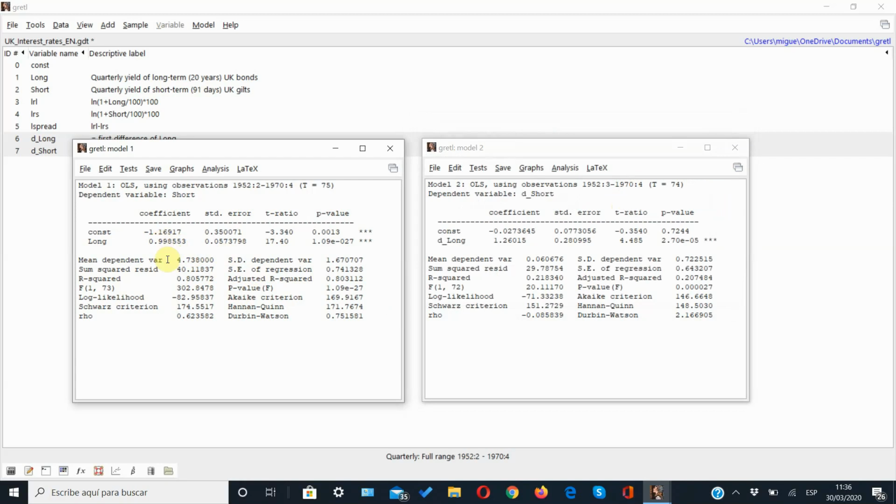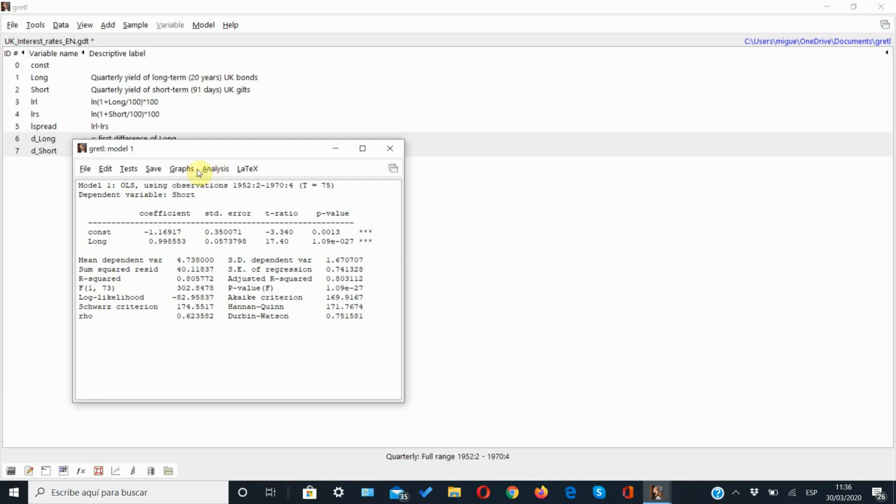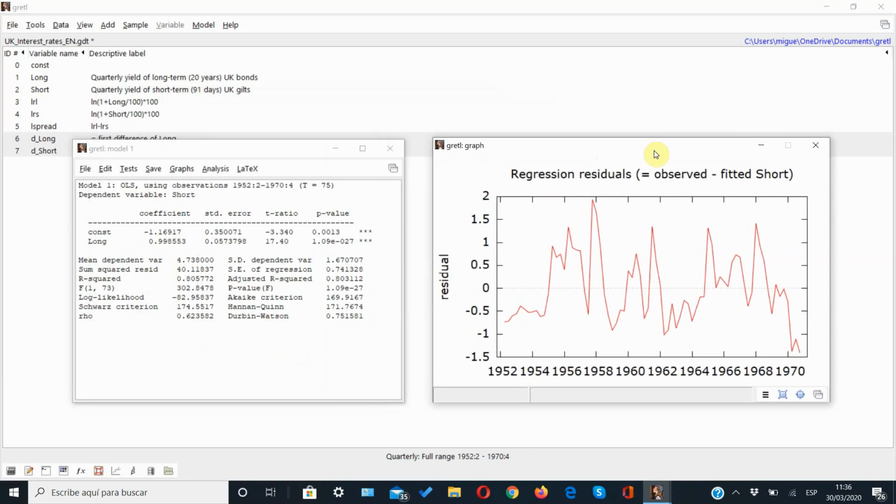So this estimate is not significantly different from this estimate here. This means that the relationship between these two variables is not spurious because it is maintained when I difference the variables.